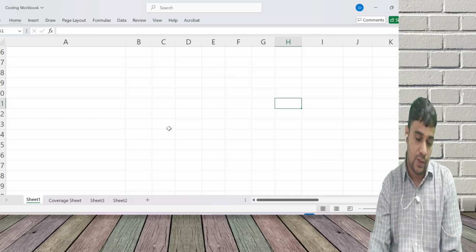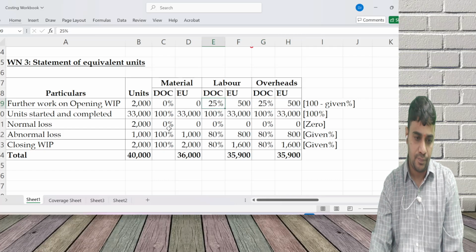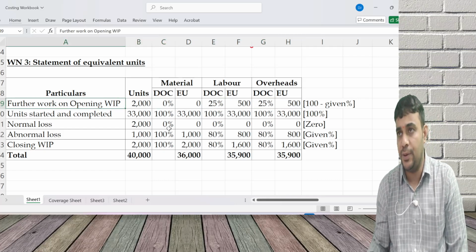Clear? Any doubts on this? Now write this working note: statement of equivalent units.